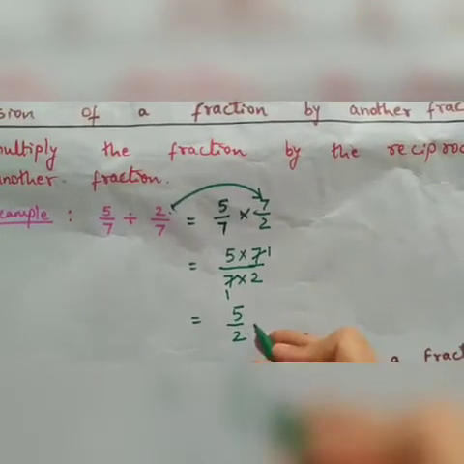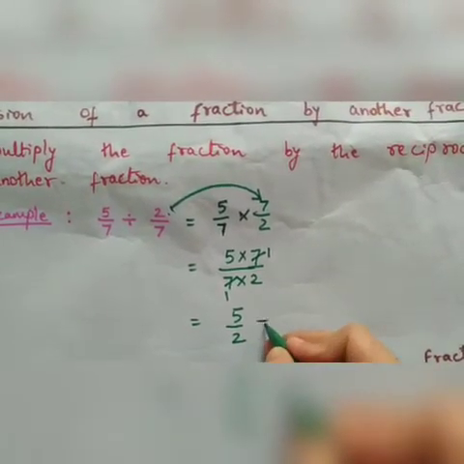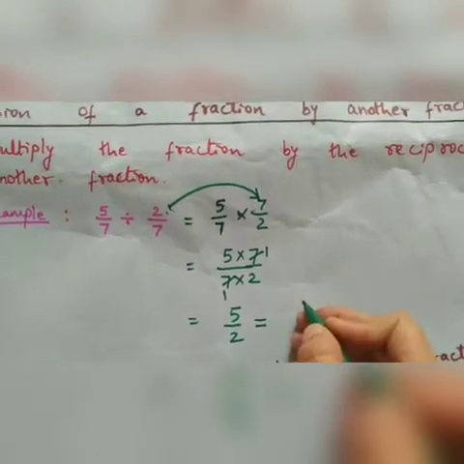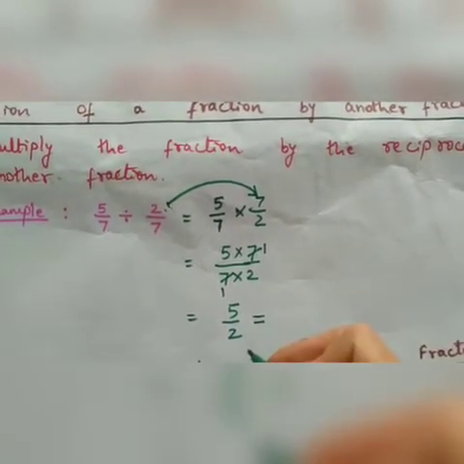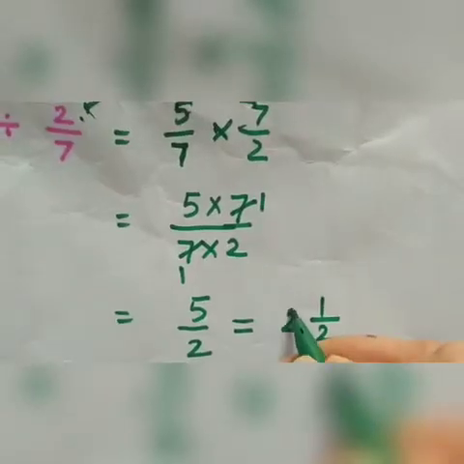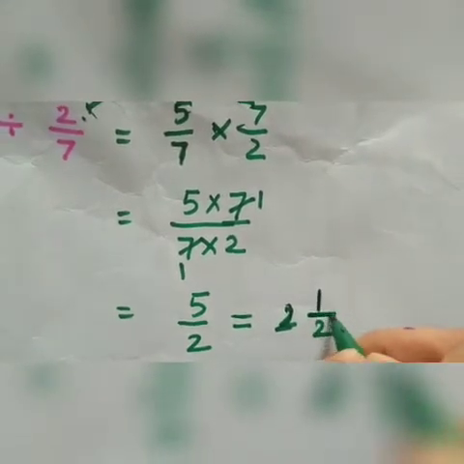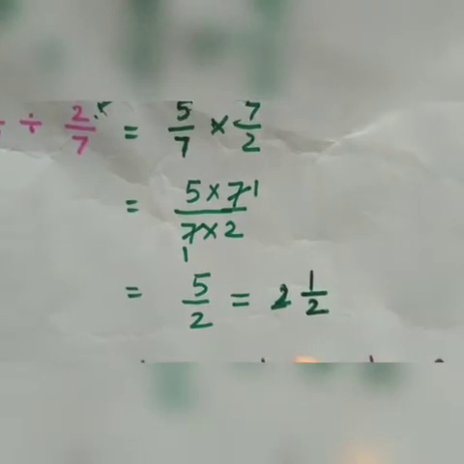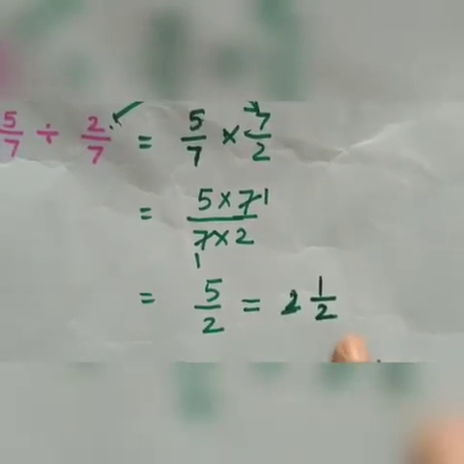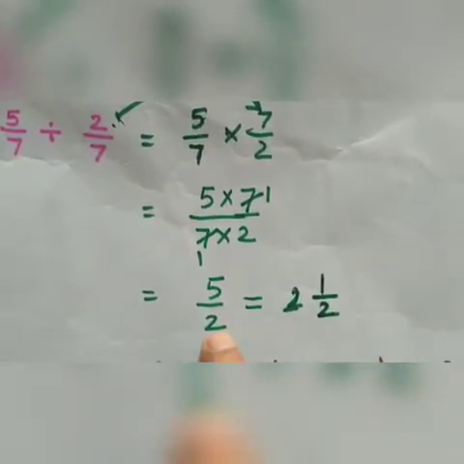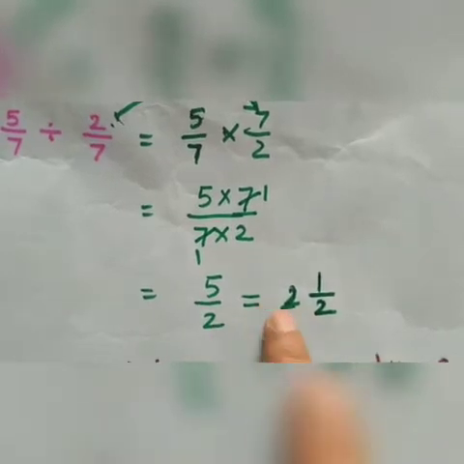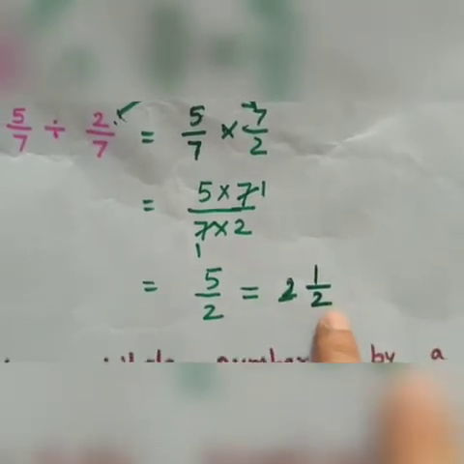But here it is in improper fraction. So we have to convert this into mixed fraction. So how will you convert this? We get 2 1 by 2. This is the mixed fraction. Here we have converted because this is an improper fraction, so answer must be written in mixed fraction.